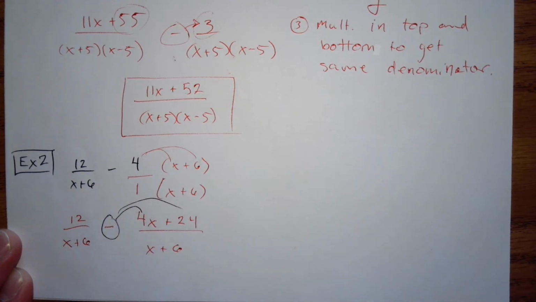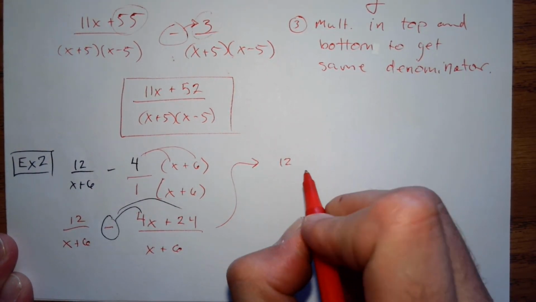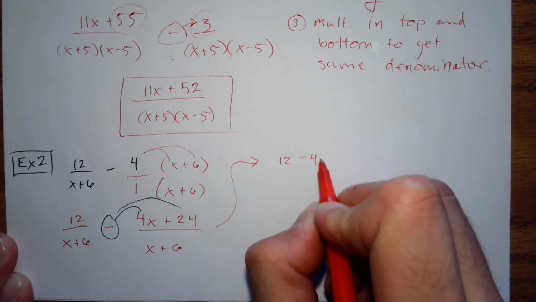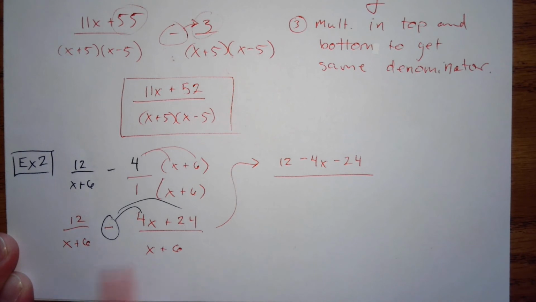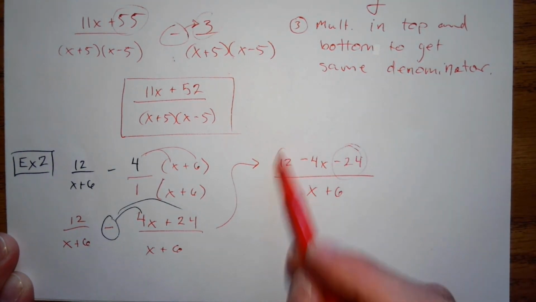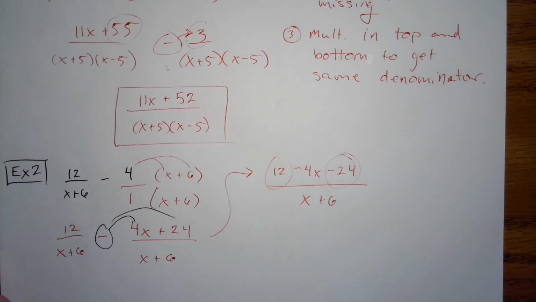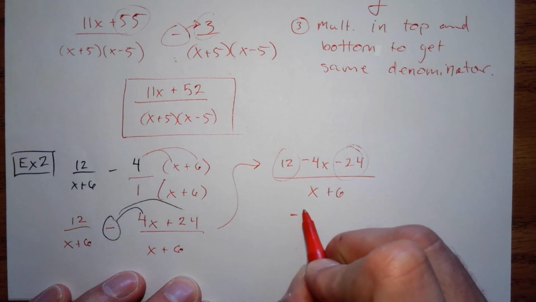distribute the minus there. That's another mistake that a lot of people miss. Don't forget to distribute. If it was a plus, we wouldn't need to do anything. We just combine the tops, but here I'm going to write 12 minus 4x minus 24. And the denominators are the same, so I can write it once. The 12 and then the minus 24 are like terms, so we can combine those.